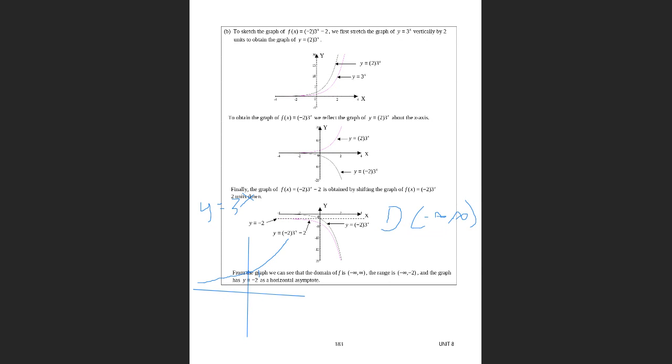Then, if the number in front of the exponent, the coefficient of the exponent, is positive, greater than 0, your range... Okay.